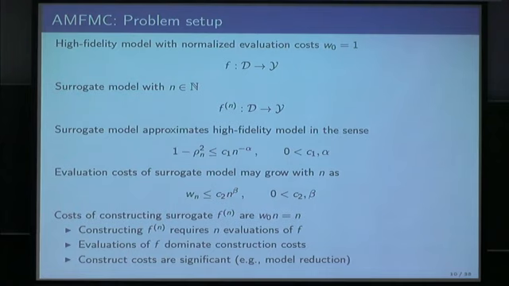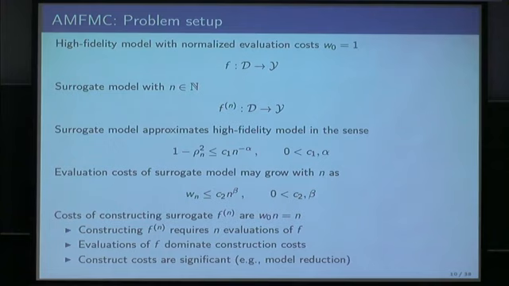Okay. So let's have a look at this in more detail. So again, we have the high fidelity model. I say the cost of evaluating the high fidelity model is 1. I just normalized it, makes the formulas a bit easier. And then we have now this surrogate model f_n, where n is now a parameter. And that parameter n controls the properties of the surrogate model.